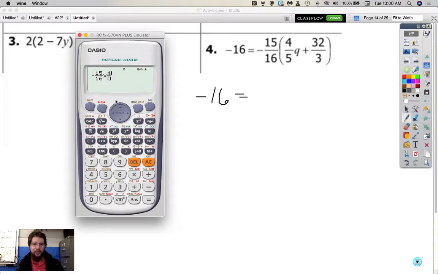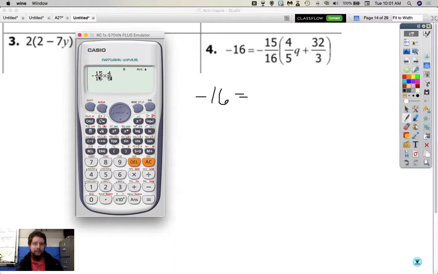Of course you can't put variables in the calculator while you're doing this. You can solve this entire equation using the calculator just by typing it in using the solve function. But I want you for now to take your time and show the work. So I'm going to do that.